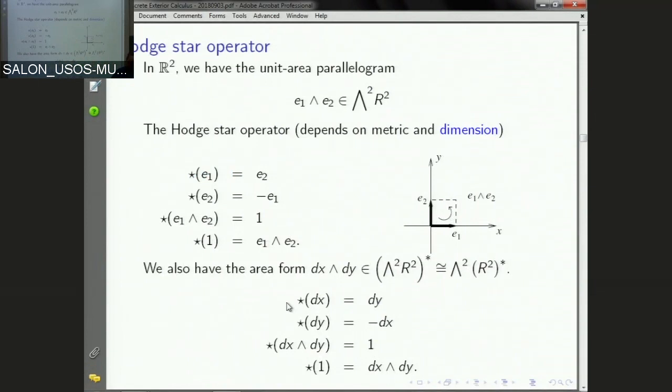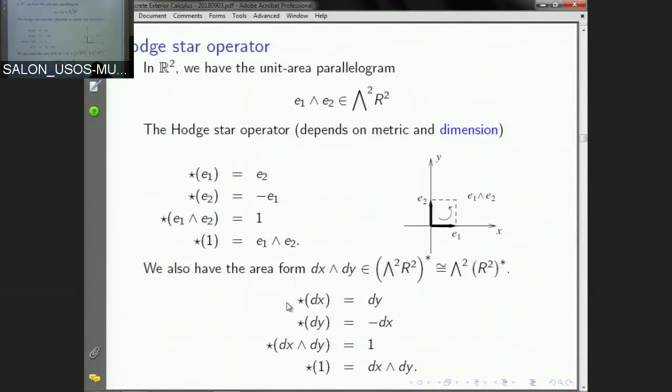So you ask, which is the form that will complete this one to give me the area form dx dy in R2? It has to be dy. And what will complete dy in a wedge product to give me again dx dy? It has to be minus dx. It's completely analogous.